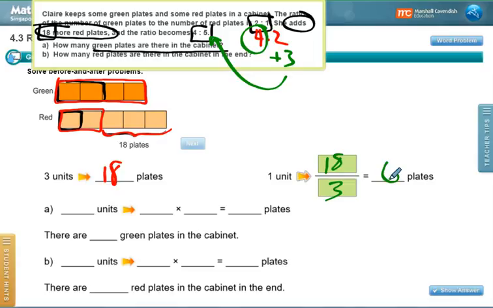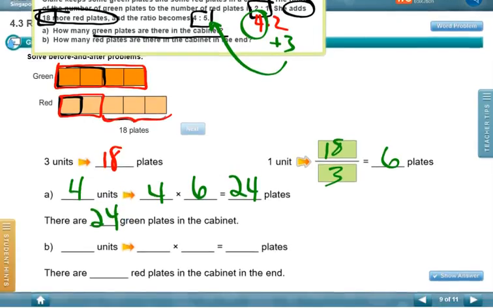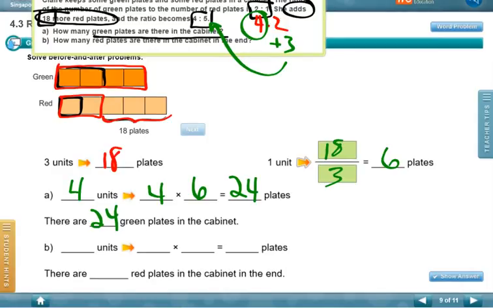So how many green plates are there in the cabinet? Well, how many units are there for the green plates? How many parts? There are 4. So 4 units times 6 plates each. We have 24 green plates in the cabinet. How many red plates are there in the cabinet at the end?